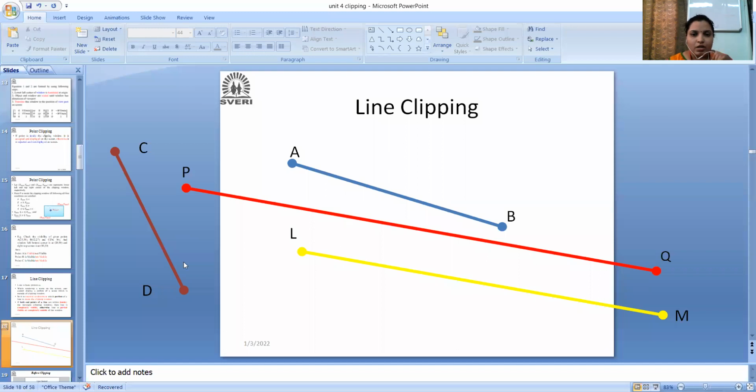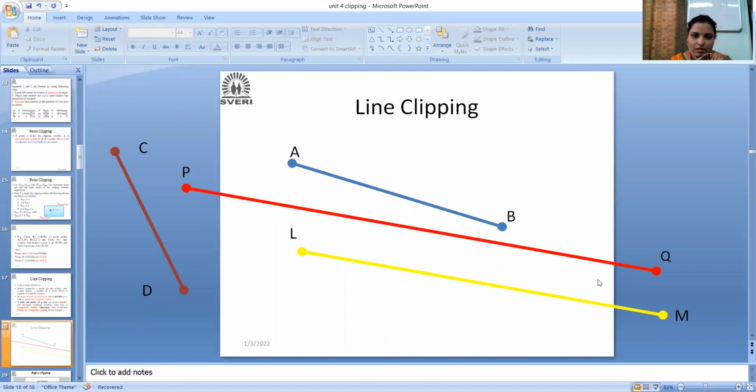Okay. If the line is totally visible like AB, then no clipping is required. The line is totally accepted. And when the line CD is totally invisible, then also we are going to reject that line and clipping is not required.